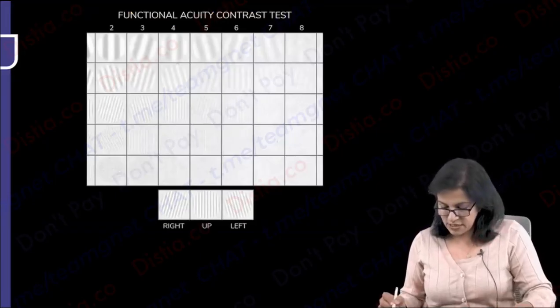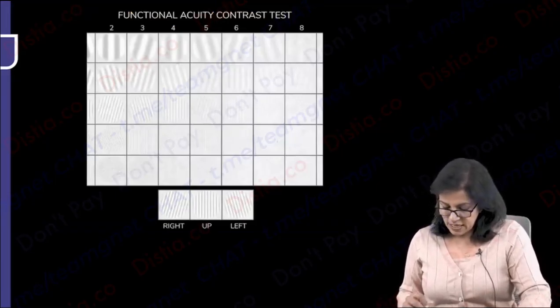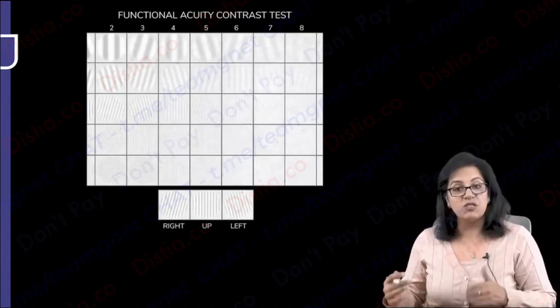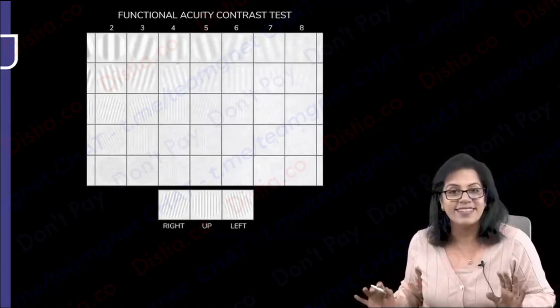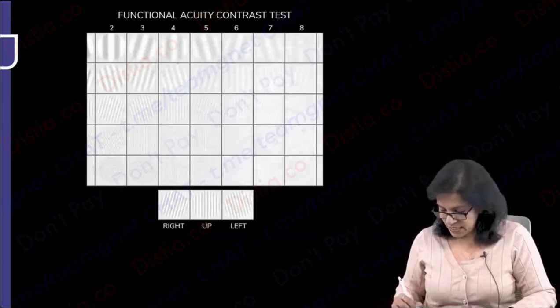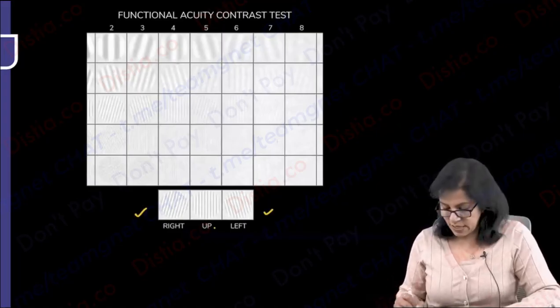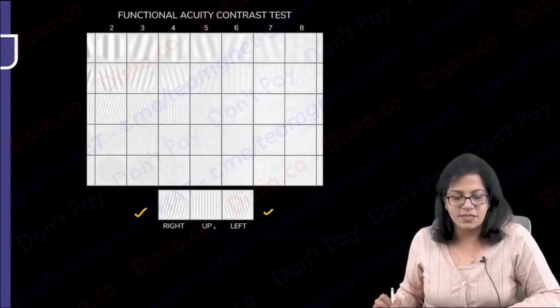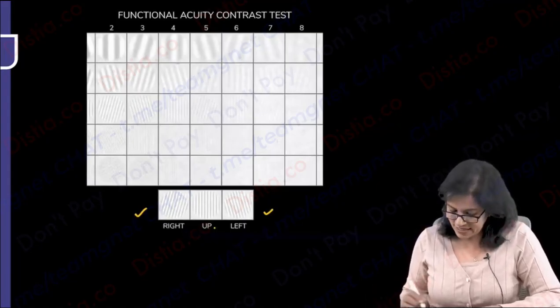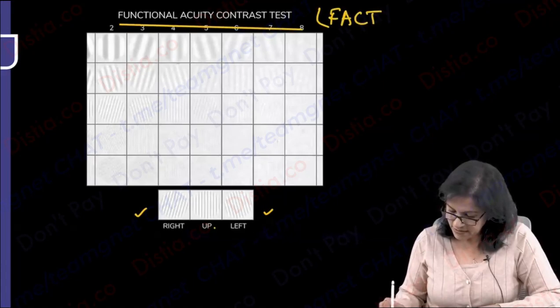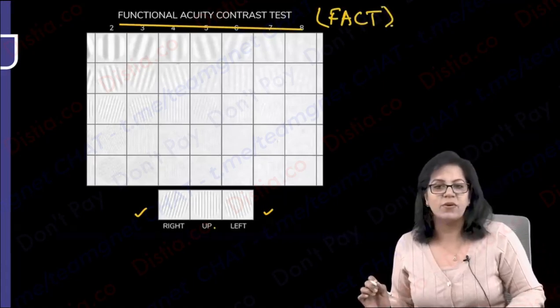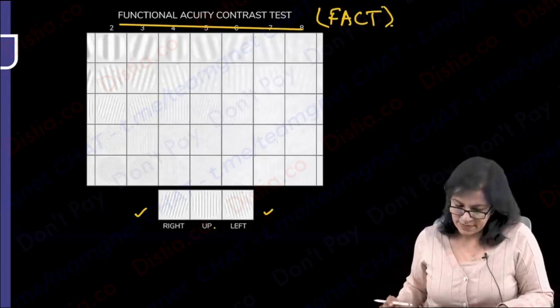Can you see there are different boxes with different contrast sensitivity and different spatial arrangements in each box? This has to be defined as up, this is your left, this is your right. The patient is asked to describe each box. This is called the FACT test, the functional acuity contrast test. In short, we write it as FACT. Functional acuity contrast test.